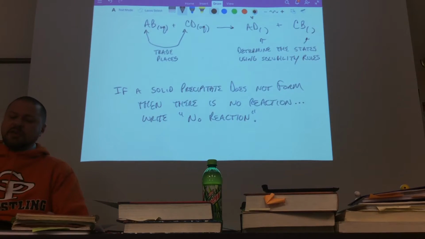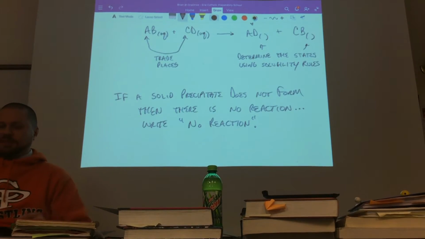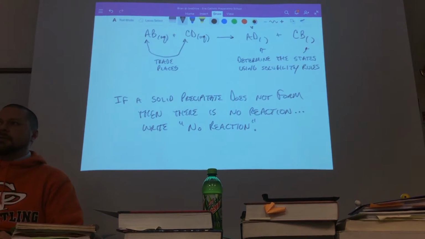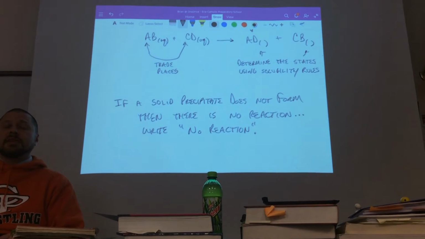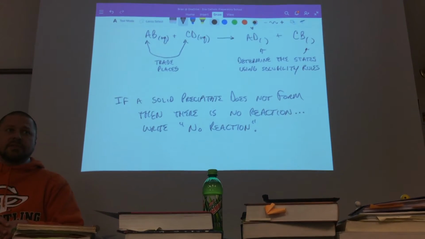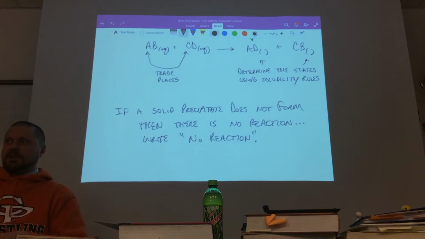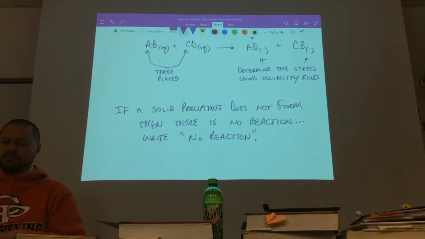So if I look at the new combinations AD and CB, whatever they are, we'll do an example here in a second, and they both come up aqueous, all right, no reaction. If one comes up insoluble, that means you have a precipitate solid, there's more work to do. I would not give you 2 things being a precipitate. It's only going to be 1.